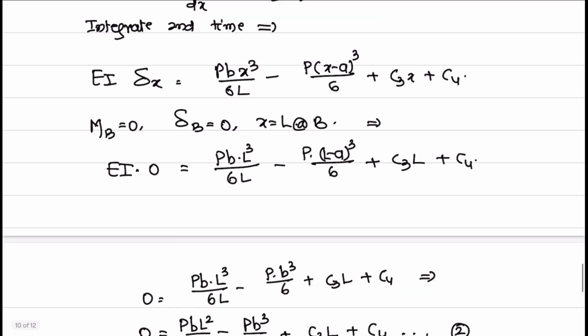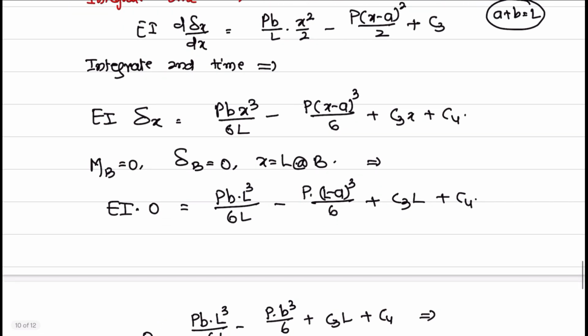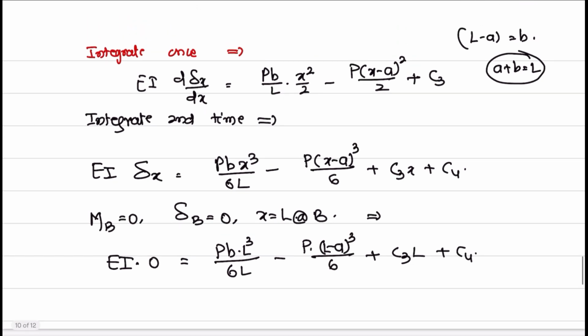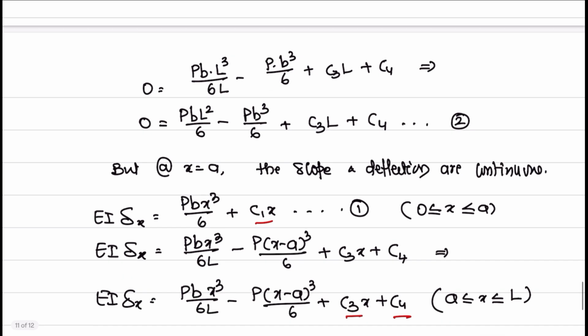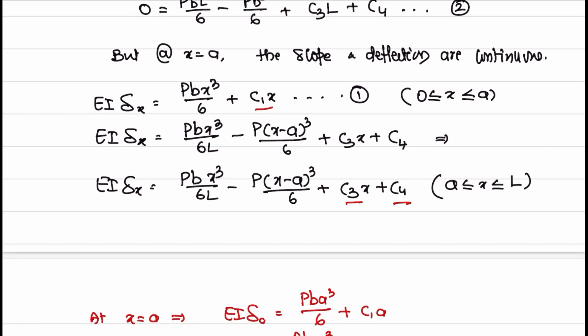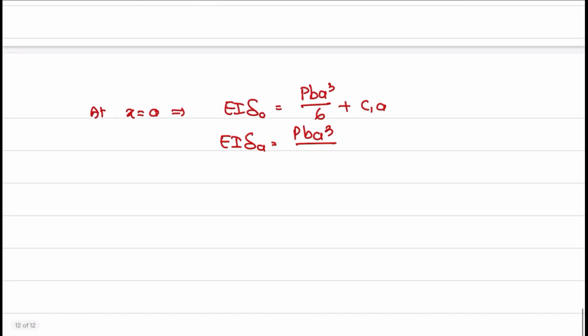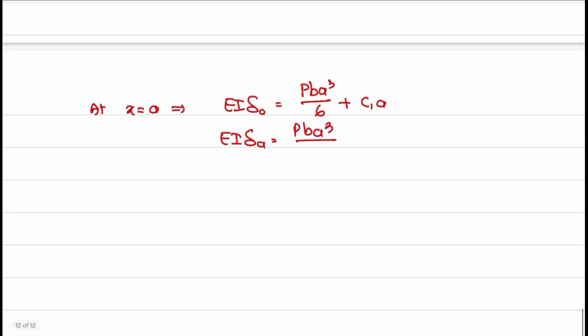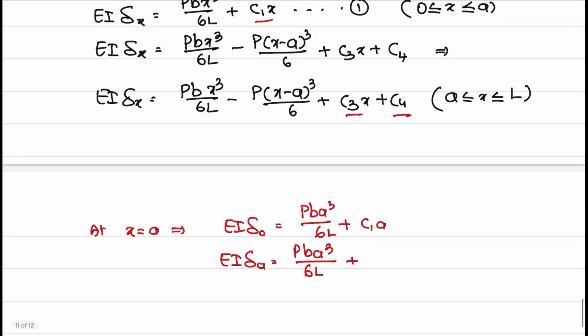And similarly, when you apply the second equation, EI delta A is equal to PB A cube by 6L in both the equations. Here also PB A cube by 6L minus P into A minus A whole cube by 6 plus C3 into A plus C4.